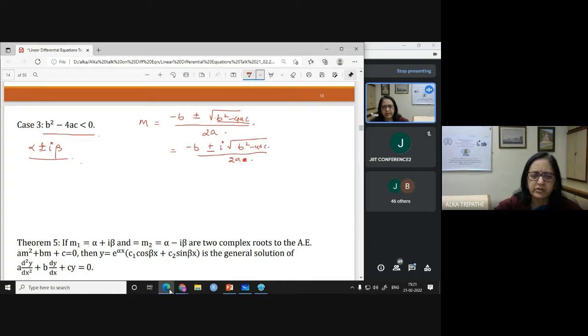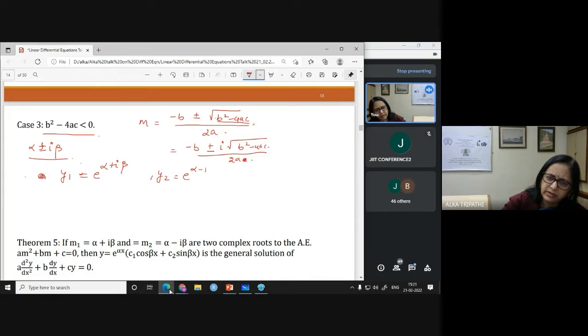And for writing the solution of this one, we can say y1 is equal to e to the power alpha plus i beta, and y2 is equal to e to the power alpha minus i beta. The general solution will be y equal to C1 e to the power alpha plus i beta x plus C2 e to the power alpha minus i beta x.